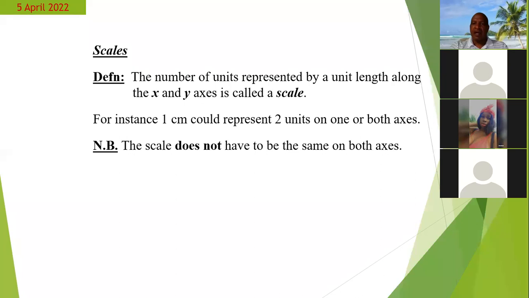We can have both axes having the same scale, but there are times when we may need to change the scales based on the range of values that we are dealing with. All right, so note briefly, the scale does not have to be the same on both axes.